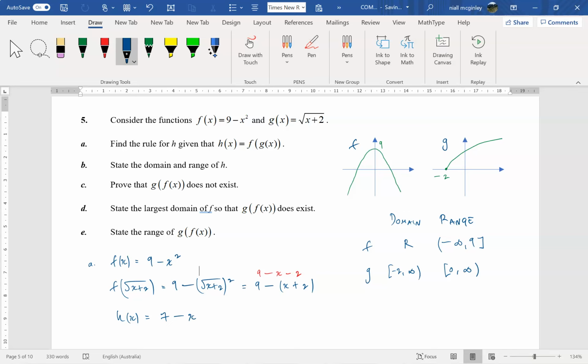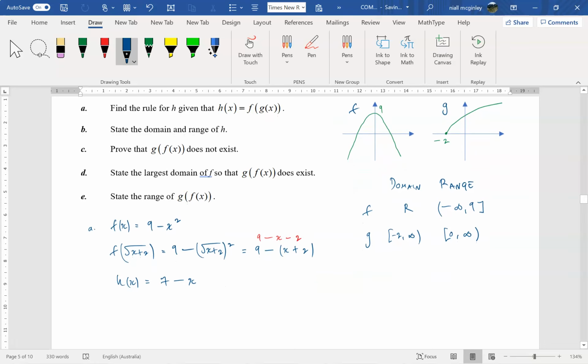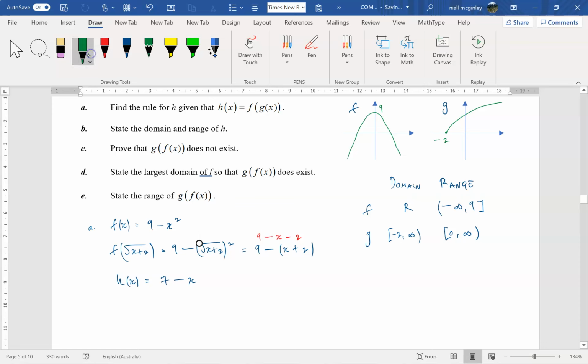So looking at the domain and the range of h, we're going to draw a little sketch here, which will help me remember it. Start off with x. When I'm doing f of g of x, the first function that you perform is g of x. Then you perform the function f on g of x, and that produces f of g of x, which is h.